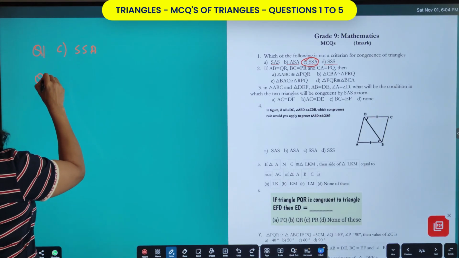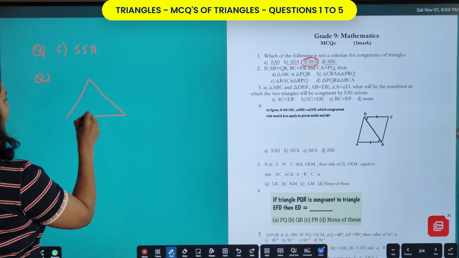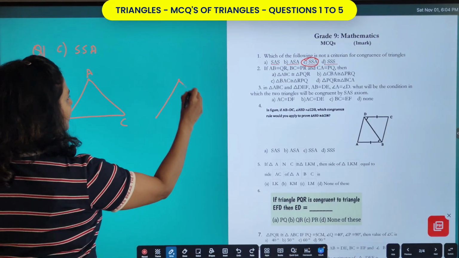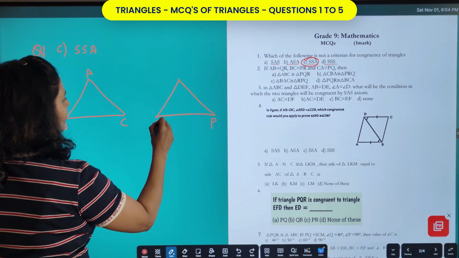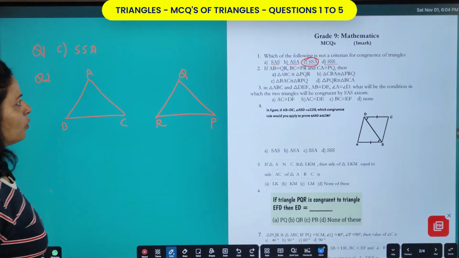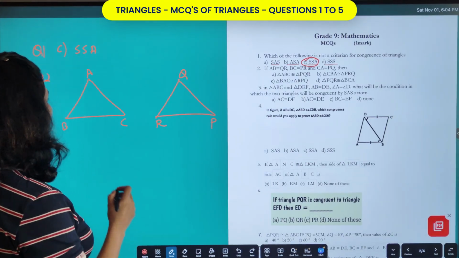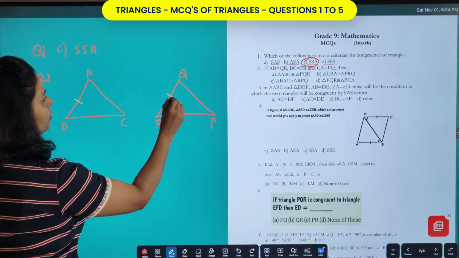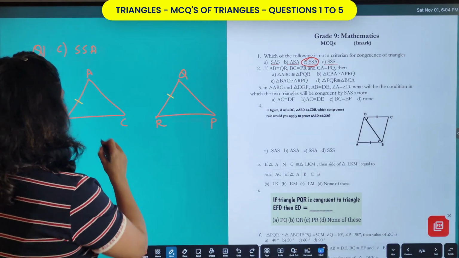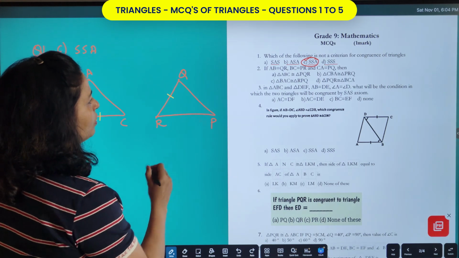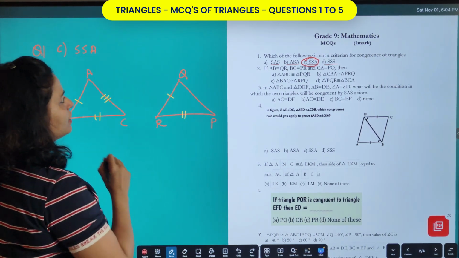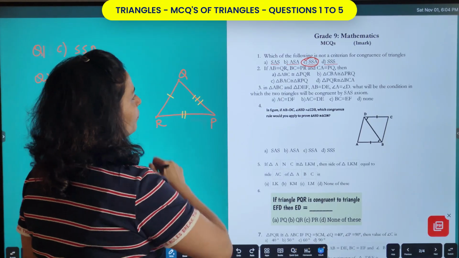For that I'll make the triangle CBA and here PRQ. Okay, so here they have given you AB is equal to QR, and BC is equal to PR, and CA is equal to PQ.